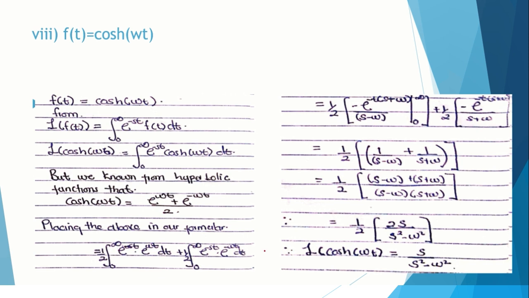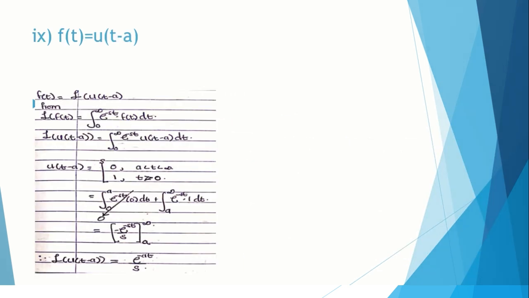We solve it normally, we integrate normally. We are going to come to the answer: the Laplace transform of cos hyperbolic of omega t is equal to s over s squared minus omega squared. And I know you're seeing the difference between cos. So we go into the next.